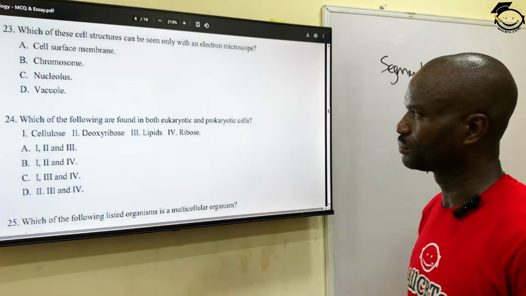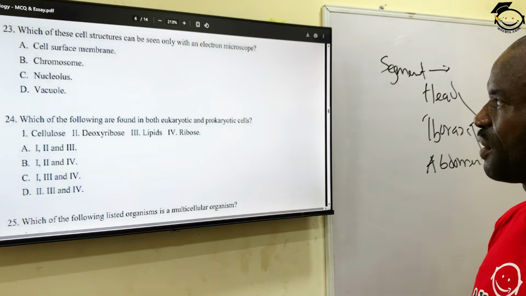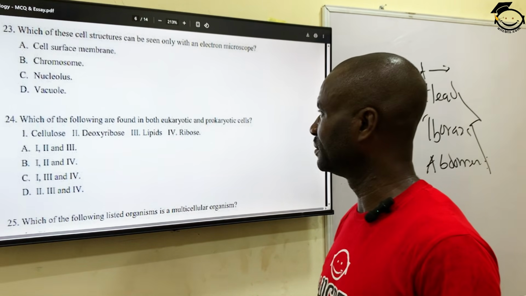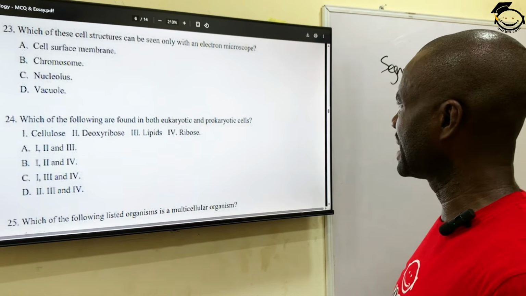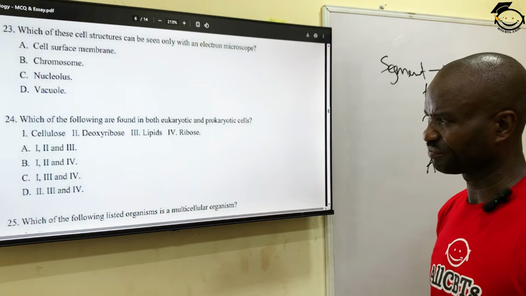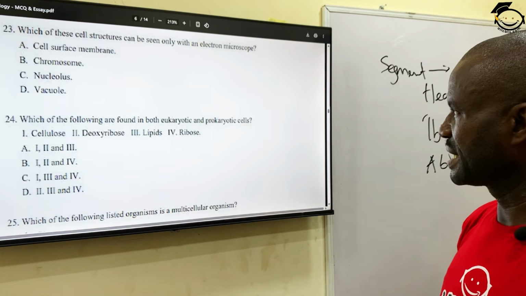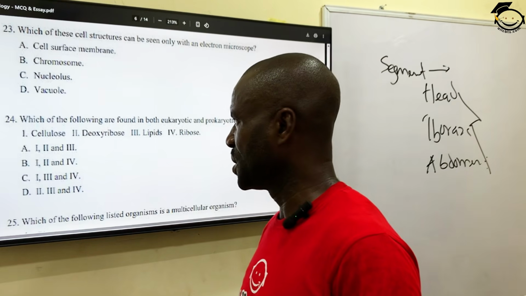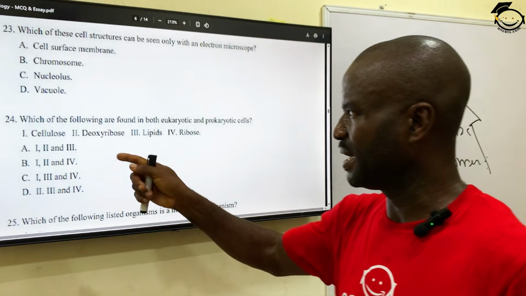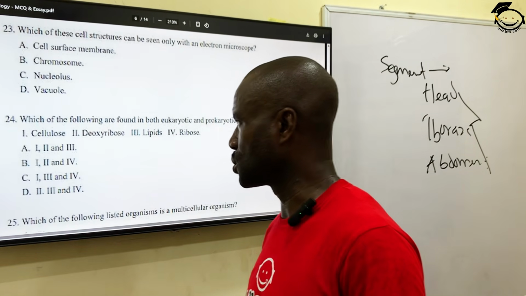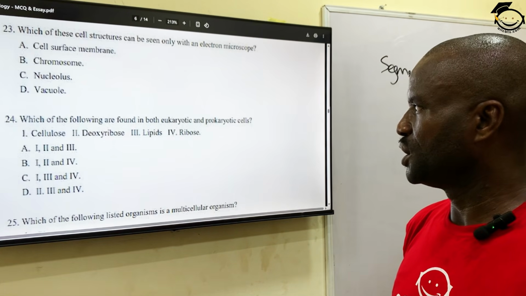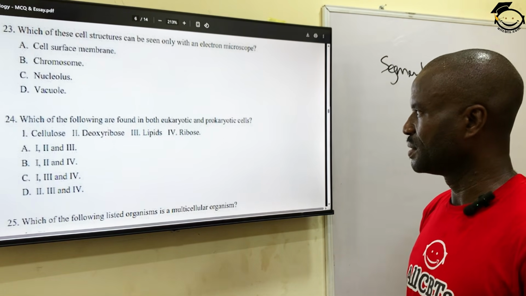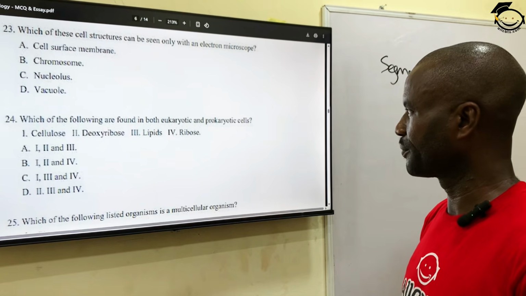Question 24. Which of the following are found in both eukaryotic and prokaryotic cells? Number 1, cellulose. 2, deoxyribose. 3, lipid.